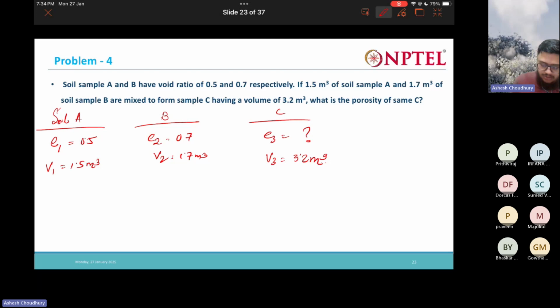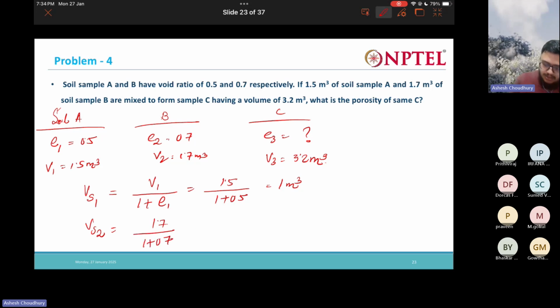First we need to find out the volume of soil solids of 1, which is nothing but total volume over 1 plus e1, so 1.5 by 1 plus 0.5, gives 1 meter cube. Similarly 1.7 by 1 plus 0.7 gives 1 meter cube, right? So the total volume of solids of 3 is 1 plus 1, which is 2 meter cube.